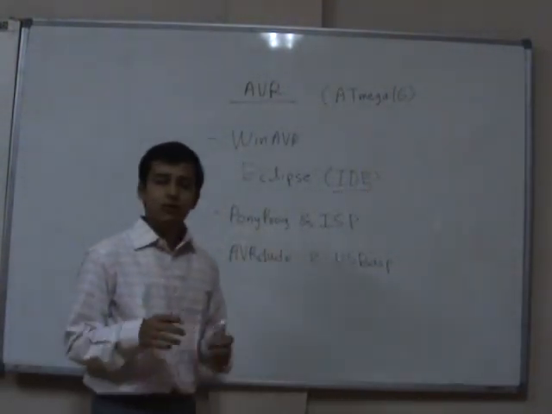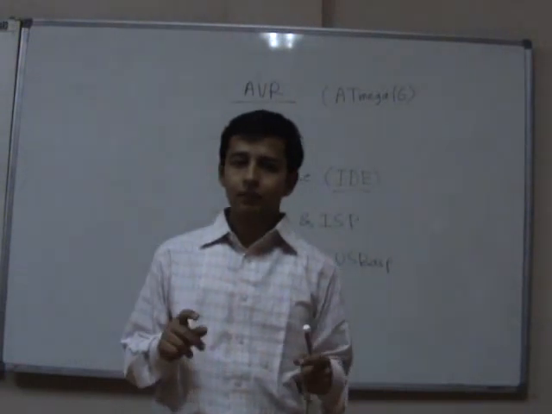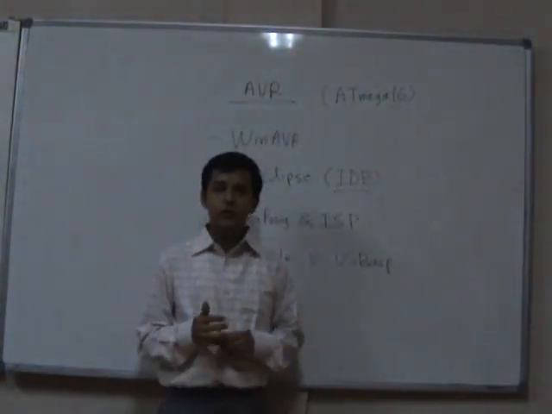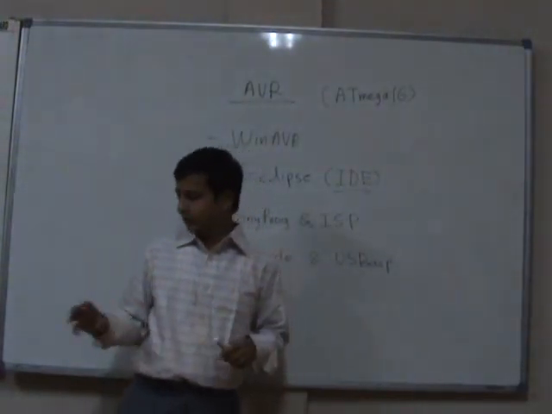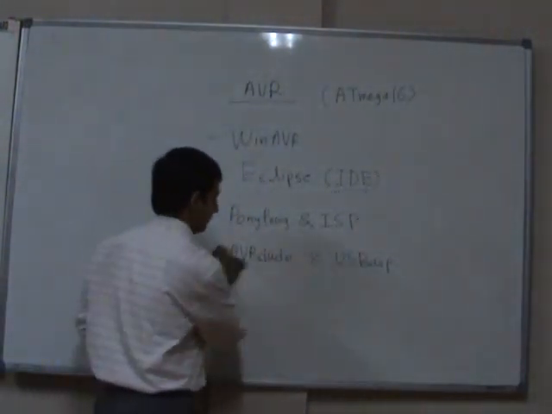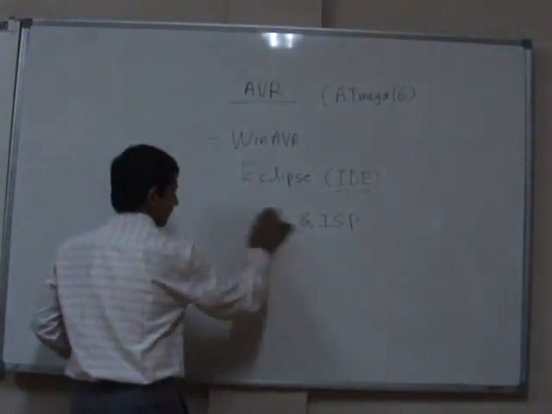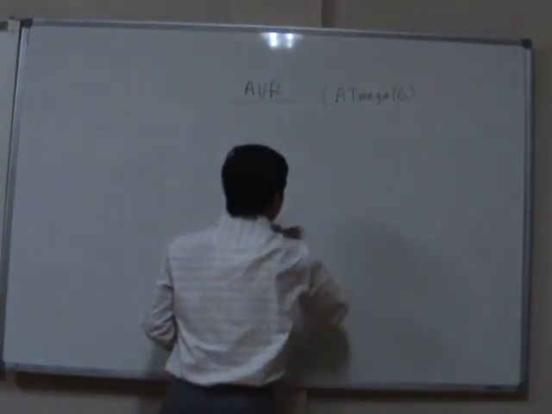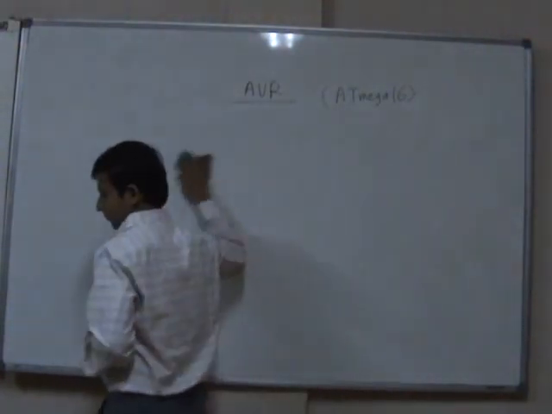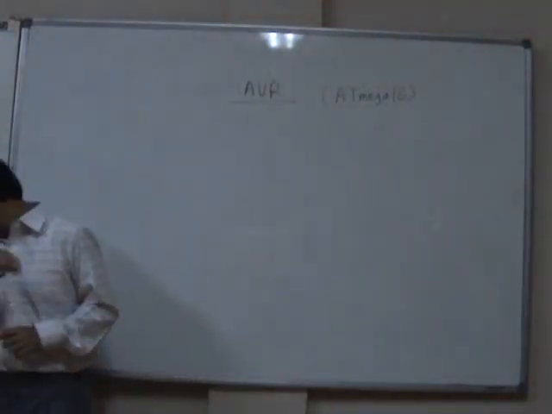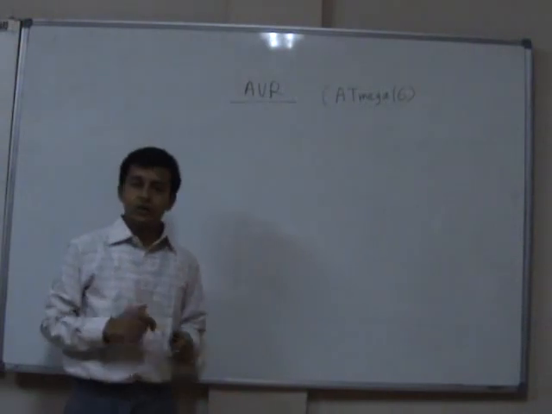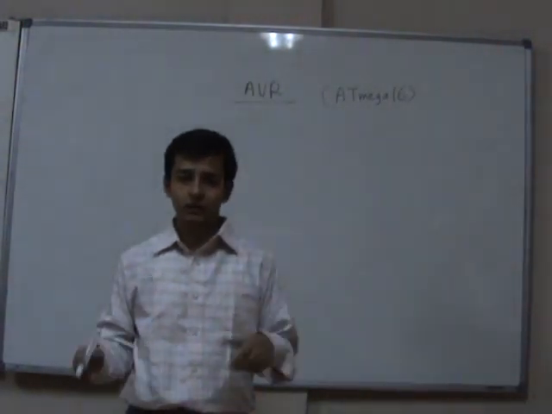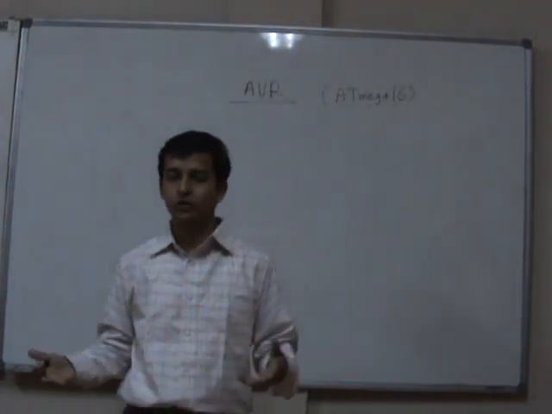Okay. Now we will start with the basic introduction to the input-output ports. Before we move on, we have to remember certain points. Whenever I say a port, since from the start of this tutorial I have been saying port, what is this port basically?